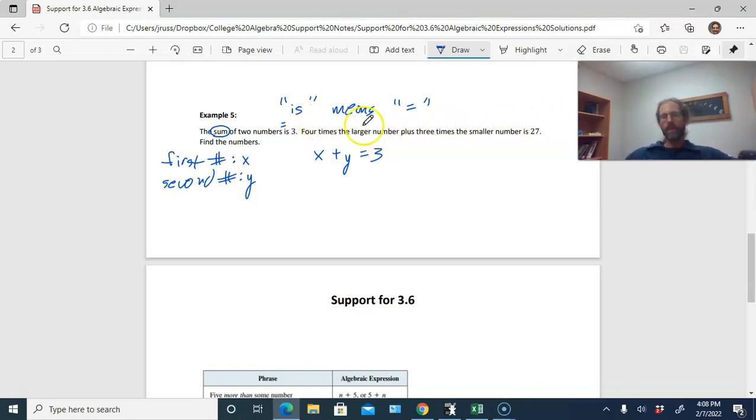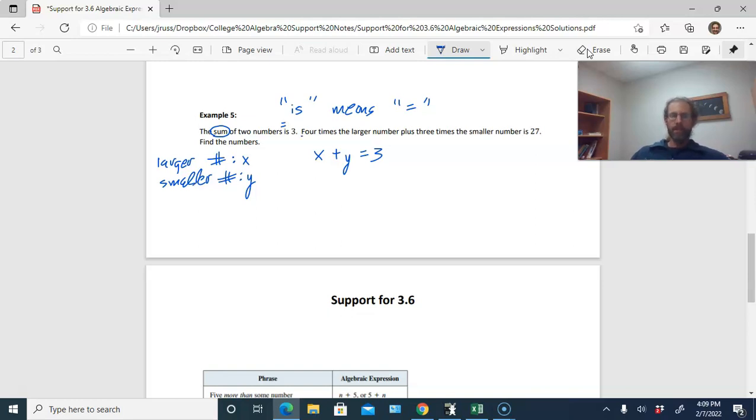And then we've got a second sentence that's going to give us another equation. It says 4 times the larger number plus 3 times the smaller number is equal to 27. So 4 times the larger number. Actually, let me erase some of this. So instead of denoting these first and second number, let's denote them larger and smaller number. Okay, so x represents the larger number and y represents the smaller number.